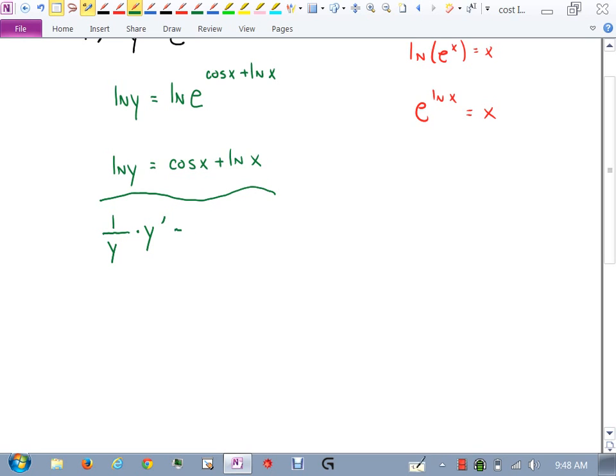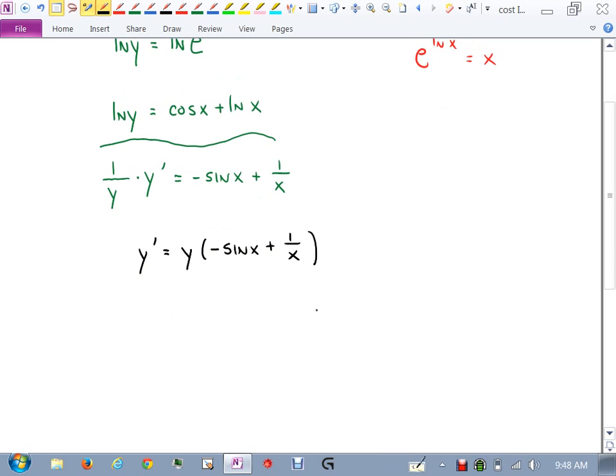And then the derivative of the right-hand side is pretty straightforward. Negative sine x plus 1 over x. Derivative of cosine is negative sine. Derivative of natural log of x is 1 over x. And then the last thing to do to get y prime by itself would be to do what? Get rid of this. How about multiplying both sides by y? Is that okay? So y prime would be y times negative sine x plus 1 over x.